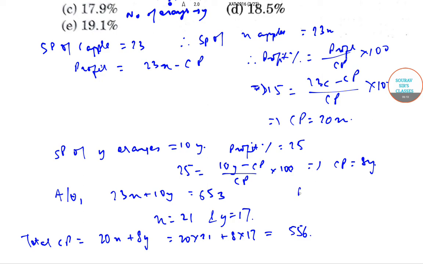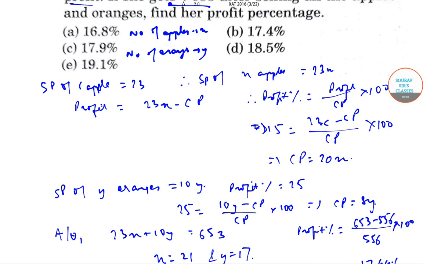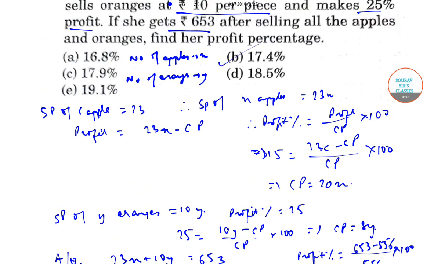Thus, profit percentage is equal to (653 minus 556) by 556 into 100, and this comes out to be 17.44%. So the correct option is option B.